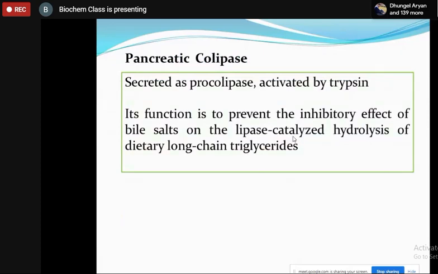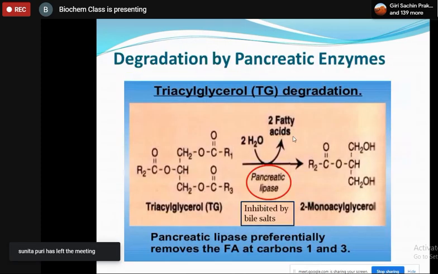There is another enzyme present, which is pancreatic colipase. This functions to prevent the inhibitory effects of bile salt on the lipase catalyzed hydrolysis of dietary long-chain triacylglycerol. As I said, pancreatic lipase is inhibited by the bile salts.